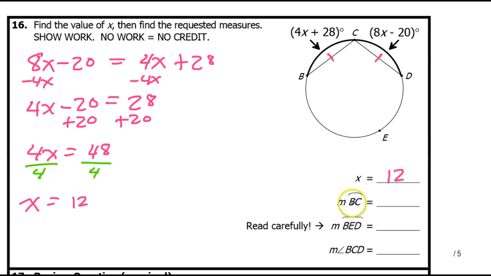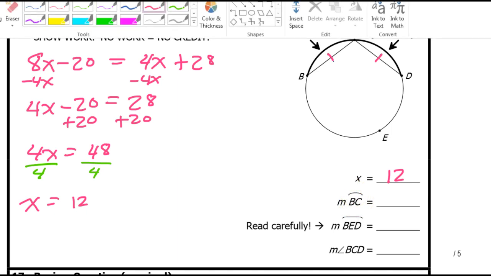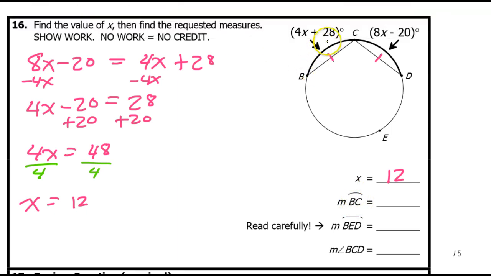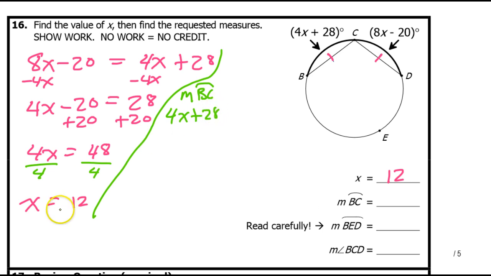What's next? Now we need to find the measure of arc BC. Okay, arc BC is represented by the expression 4x plus 28. So let me just portion this off real quick. So the measure of arc BC is given by 4x plus 28. But x is 12.